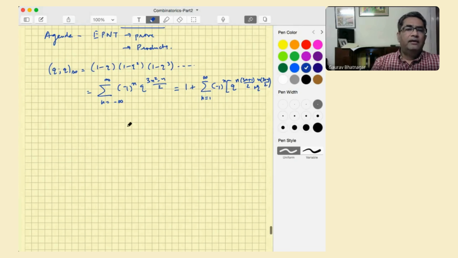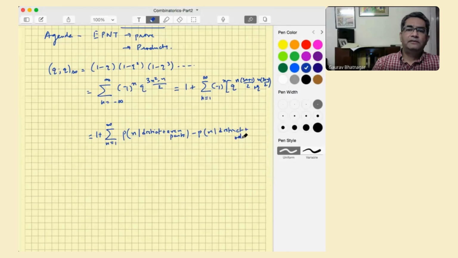Okay, and we also know that if we just multiply the things together, this would be 1 plus, you take the partitions of n with distinct parts plus even parts, and you subtract the partitions of n with distinct plus odd parts, and you multiply by q raised per n.